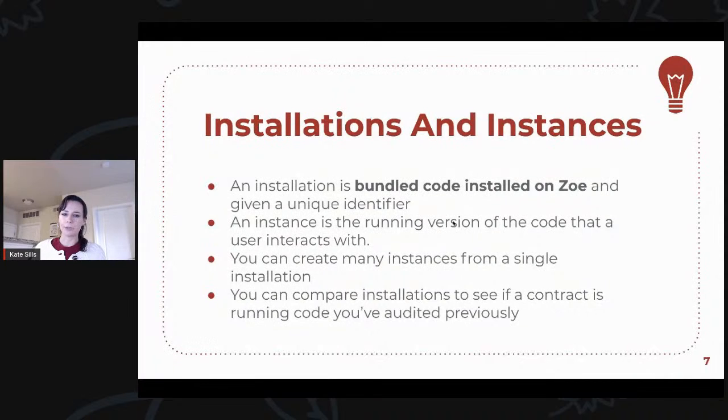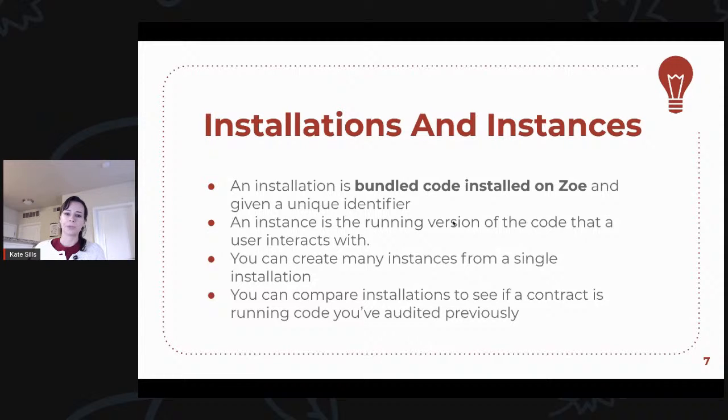All right, so there's just a few things that I want to explain before we actually get into the code. First I want to explain about Zoe installations and instances. This is a little tricky, but it's actually a very cool feature of Zoe. An installation is bundled code installed on Zoe, and it's given a unique identifier.